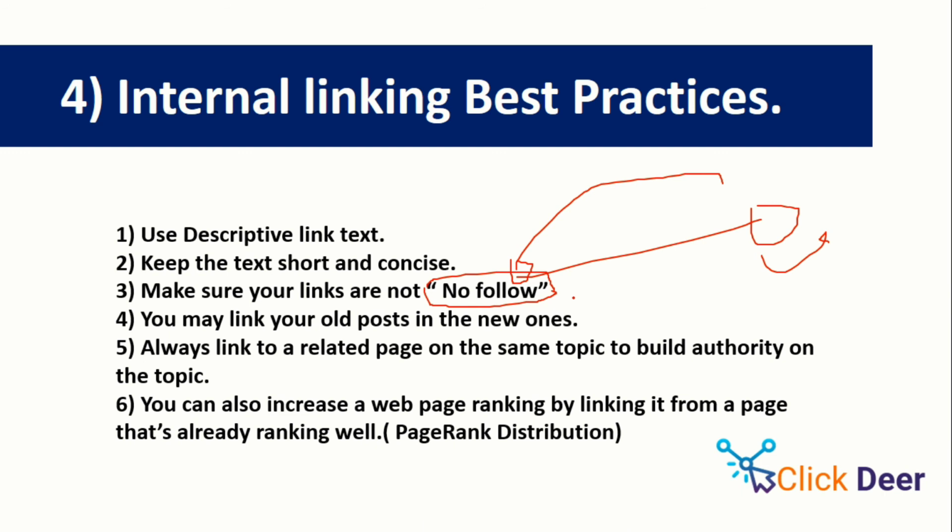Again, this is the page rank distribution, and I told you at the start of this tutorial, if your homepage is ranking well, and you want other low ranking pages to rank high in the search results as well, what you can do is simply link those low ranking pages with your homepage, and with the passage of some time, Google will distribute the homepage's rank to those low ranking pages, and they will ultimately rank high in the search results.